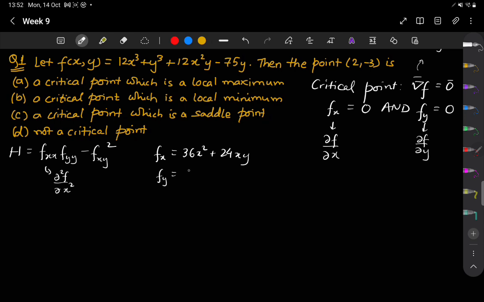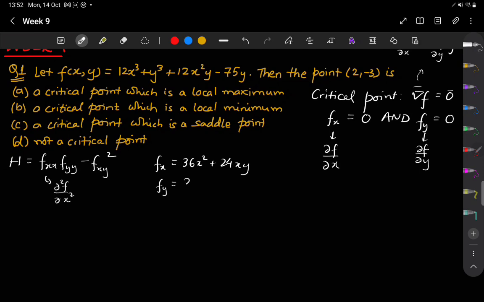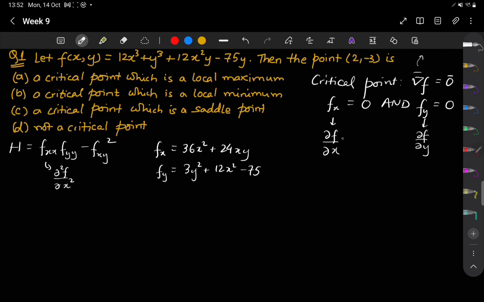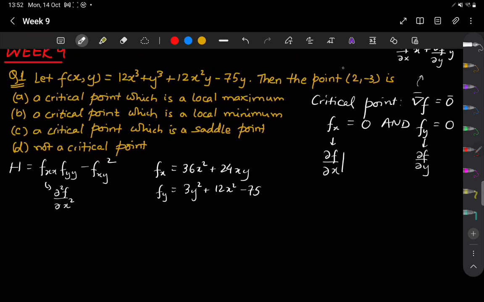Fy equals, now keeping x as a constant, 3y squared plus 12x squared minus 75. Now at the point P, let us call this point P, let us substitute the value of x as 2 and y as minus 3.